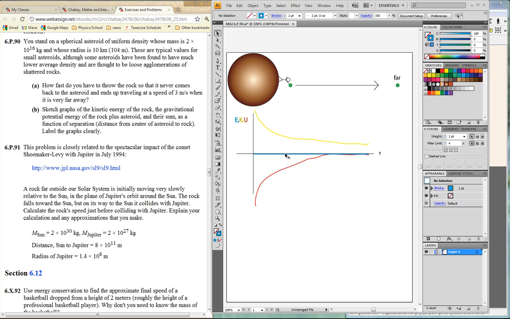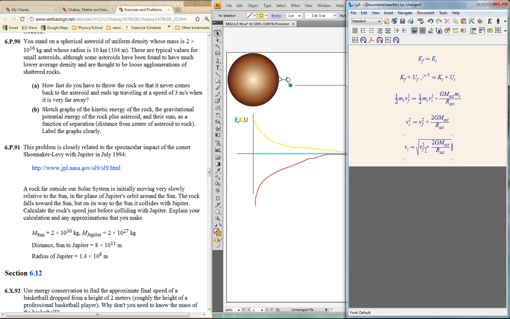So that would be the total energy in the 0 far away case, and you just have to bring the kinetic energy down so it asymptotes to that total energy. There. So that's the case where it just barely escapes. And if we wanted to solve for what velocity that occurs at, we could simply go back to our formula, and Vf would be 0 in that case. So we can really use the same formula, just with a different Vf.